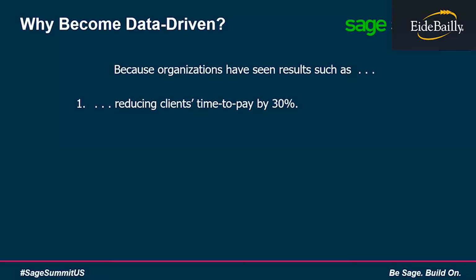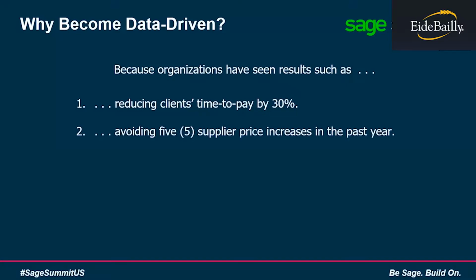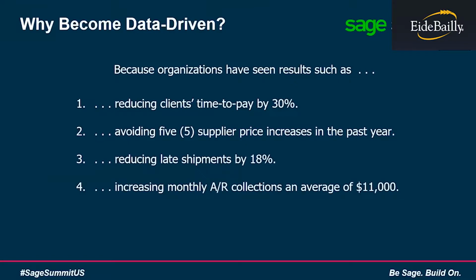seeing benefits such as reducing a client's account receivable time to pay by 30%, avoiding 5 supplier price increases in the past 12 months, reducing late shipments, increasing monthly AR collections, and finally freeing up over 100 hours of staff time every month.